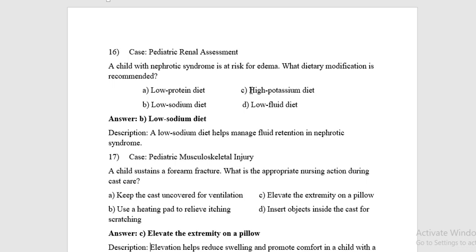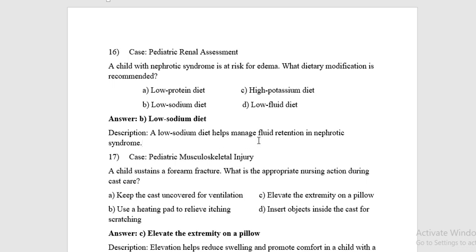C, high potassium diet. D, low fluid diet. The answer is low sodium diet, or choice B. A low sodium diet helps manage fluid retention in nephrotic syndrome. For that case, choice B is the best answer.